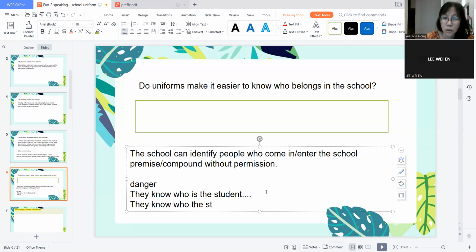Who the students are, right? They know who the students are if they wear school uniforms, right? Instead of they know who is the student, blah, blah, blah. So you reverse the order: who the students are, okay? All right, so any questions?